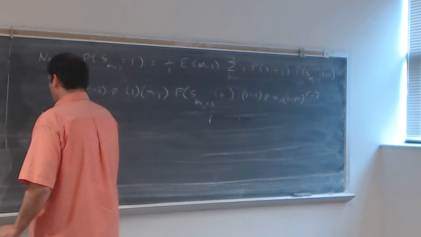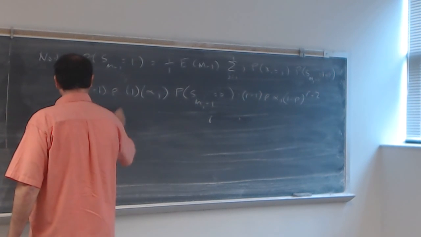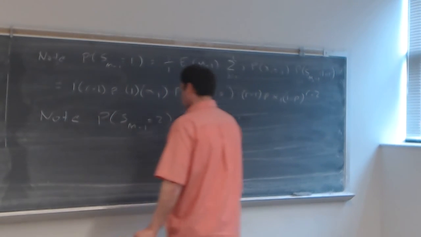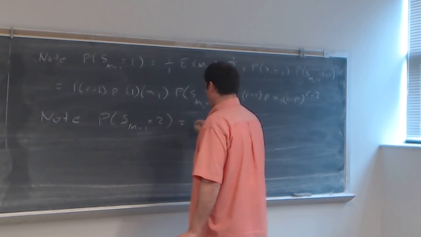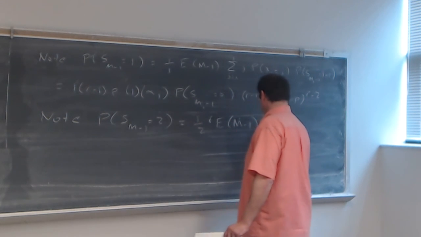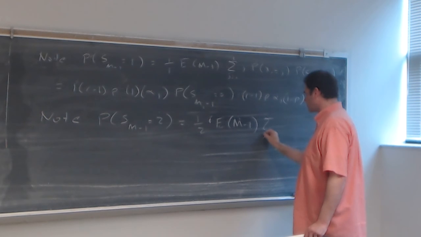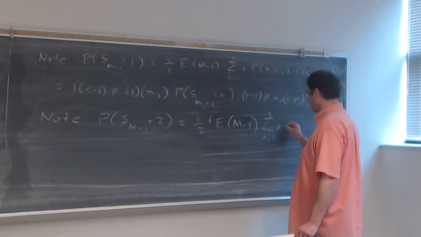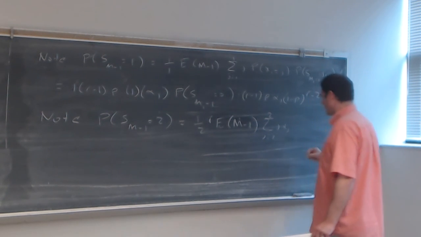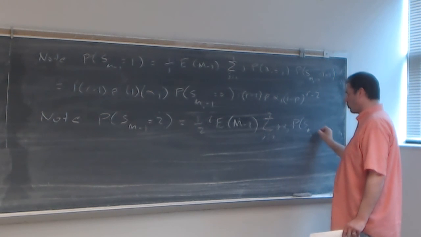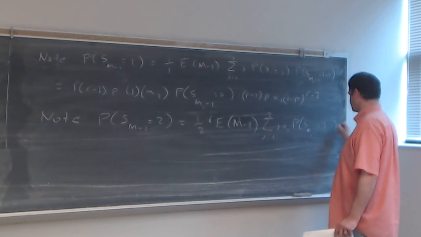All right. Okay. Now, note, the next thing we need is the probability that s of m minus 1 is equal to 2. Well, that's going to be equal to, by our corollary, 1 over 2, expected value of m minus 1, times the sum, as j runs from 1 to 2, of j alpha sub j, and then the probability that s of m sub 1 minus 1 is equal to 2 minus j.